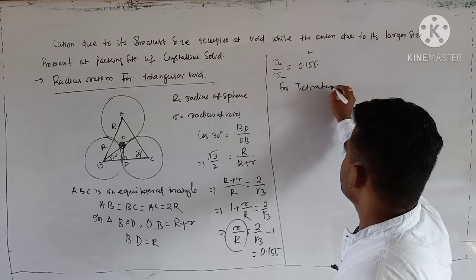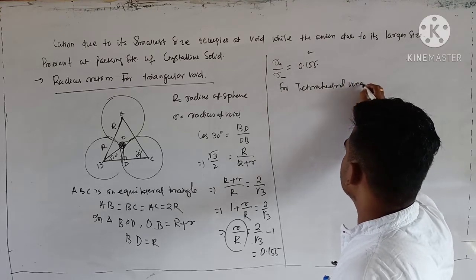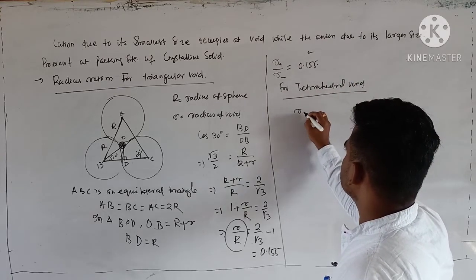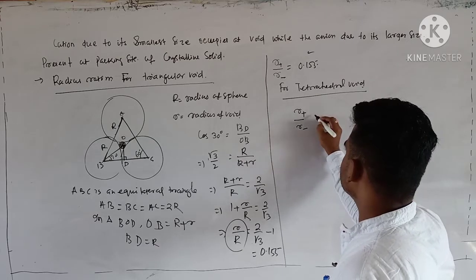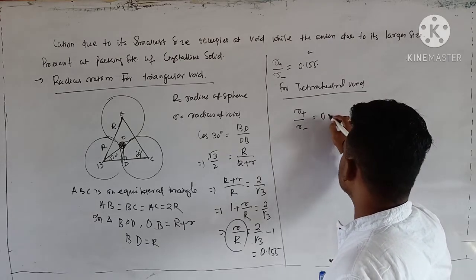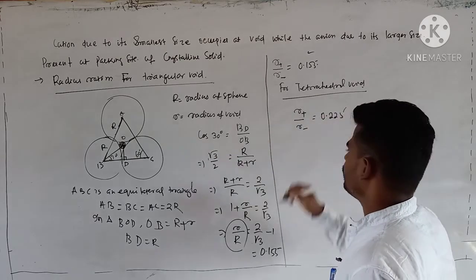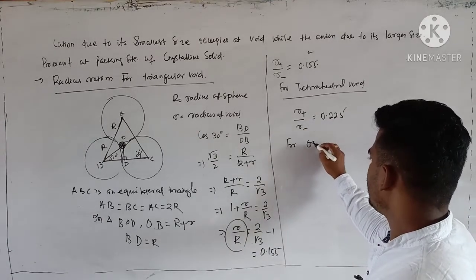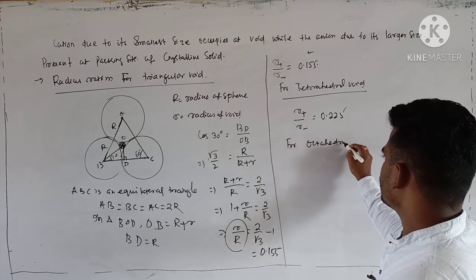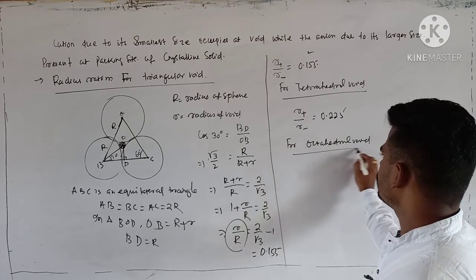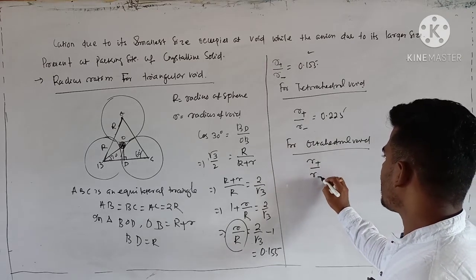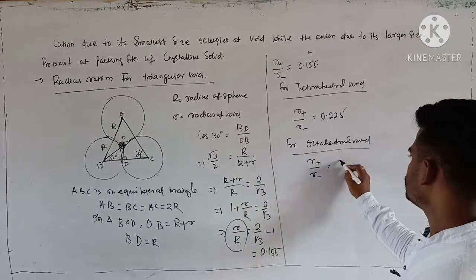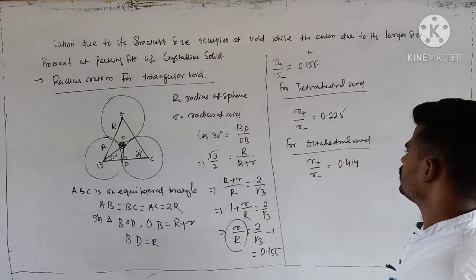Similarly, for a tetrahedral void, you just remember r plus upon r minus equals 0.225. Is that clear? Likewise for an octahedral void, r plus upon r minus equals 0.414.